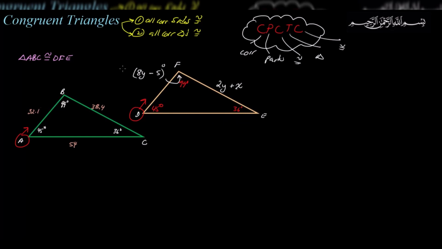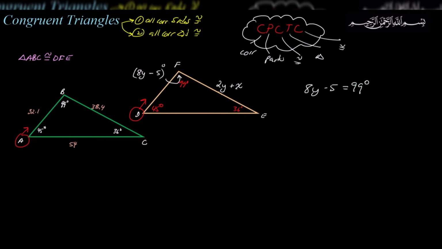Now here we're asked to solve for x and y. This here is the angle that corresponds to the 99 degrees, so we can solve for y pretty easily. Let's come up with that equation. We have 8y minus 5 is equal to 99 degrees.